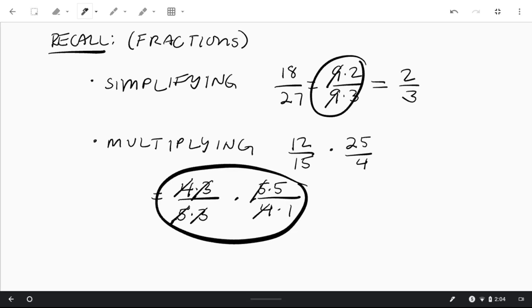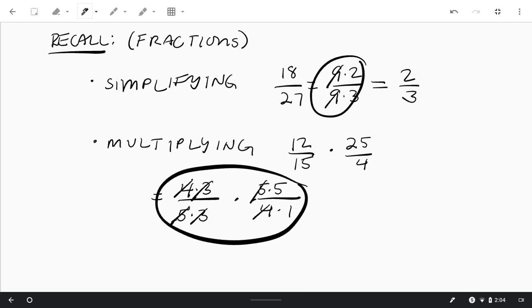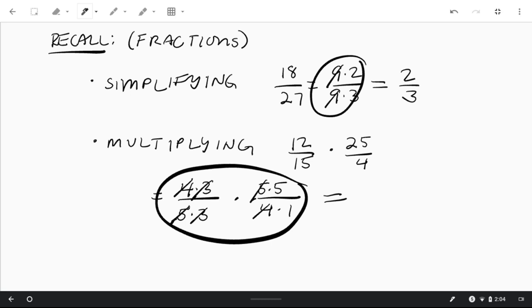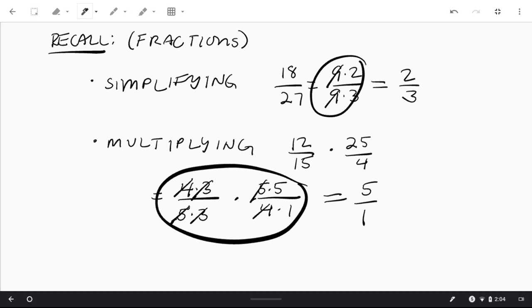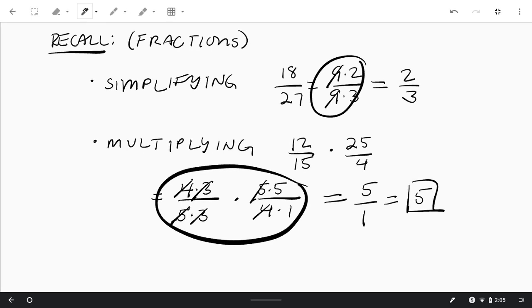Okay. And then what we have left in the numerator is just 5. And in the denominator, we have 1. So our answer is 5 over 1, which simplifies to just 5. Okay. All right, so that's multiplying.